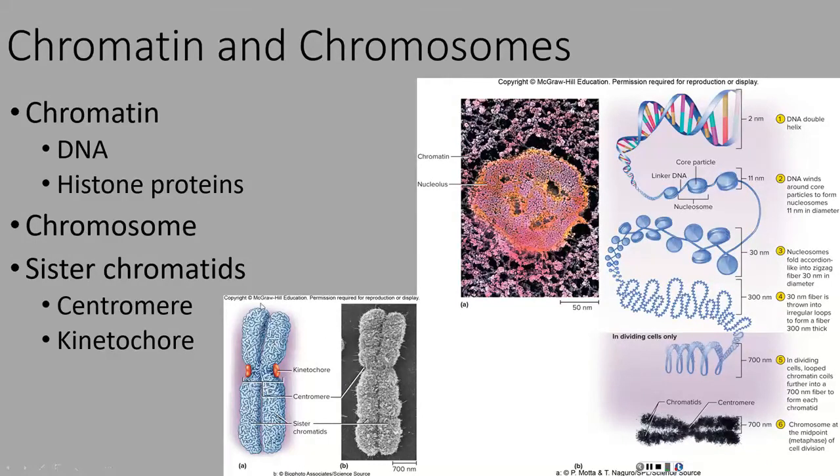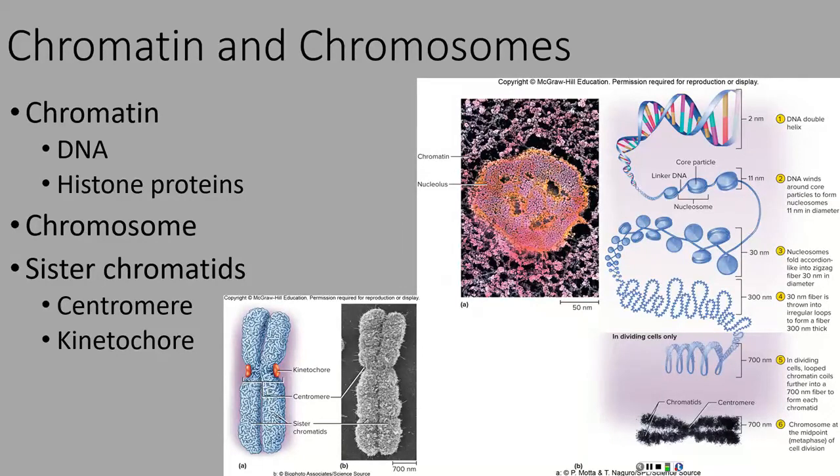On one side, we have a copy of, for example, chromosome 1, and an exact copy of chromosome 1, and they're going to be held together. These two copies of the same chromosome are called sister chromatids. Sister chromatids are duplicates of a single chromosome.